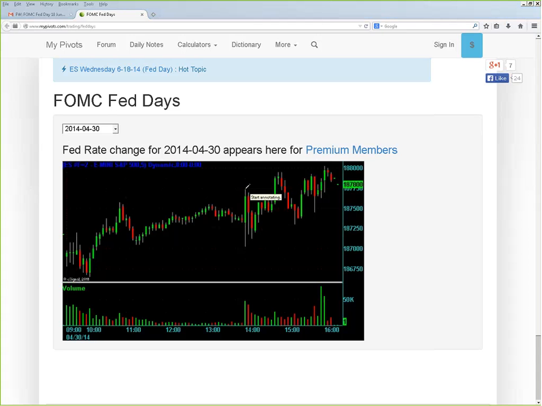So our initial move here, we had a shakeout. This looks like it was probably a little more than a 50% retrace, so it looked like an area of support.